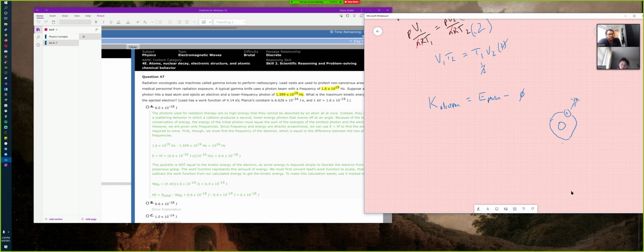That's what happens when the energy of the photon is equal to its work function, which is kind of like ionization energy. So that means it's no longer bound, but the electron is just sticking around because it doesn't have enough energy to move. Now, if the energy of the photon is greater than the work function, then that excess energy is going to cause that electron to be ejected with a velocity.